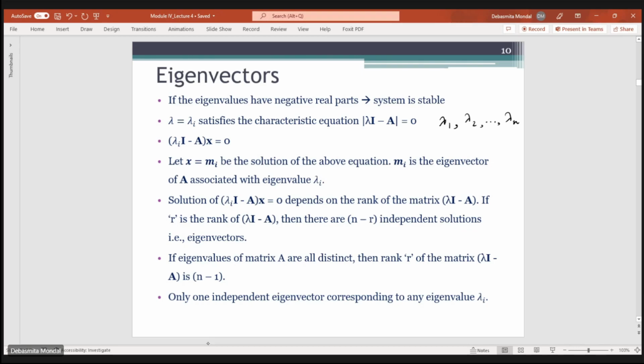And if all the eigenvalues of the matrix A are distinct, that means they are separate, all the eigenvalues have distinct values, then the rank of the matrix lambda i I minus A is nothing but n minus 1. So only one independent eigenvector is present corresponding to each value of lambda i. So if you have n number of eigenvalues in your system, you will have n number of eigenvectors in the system.